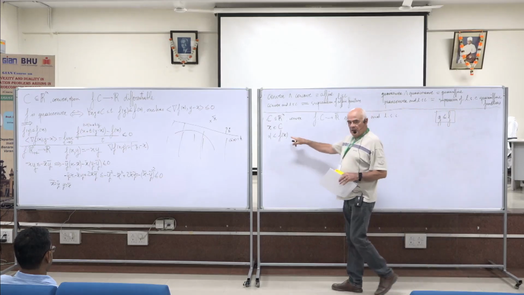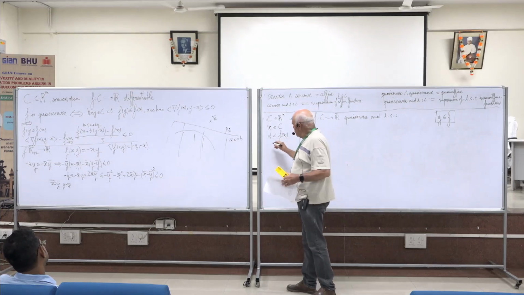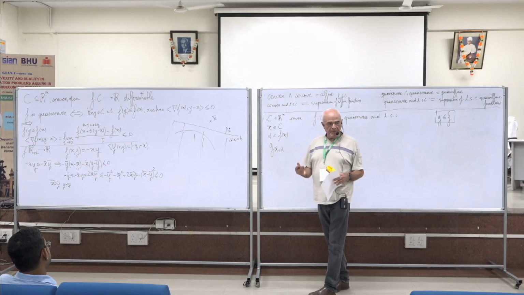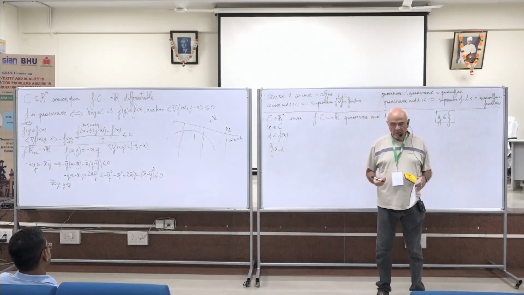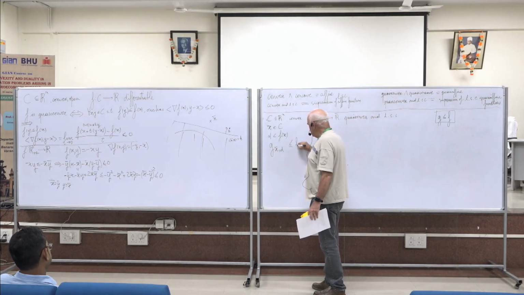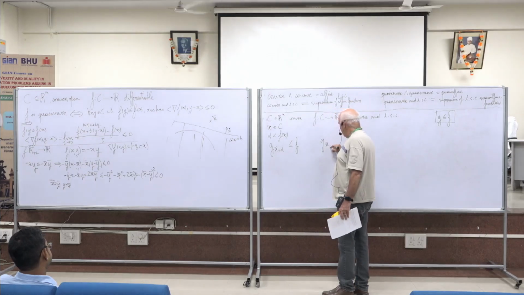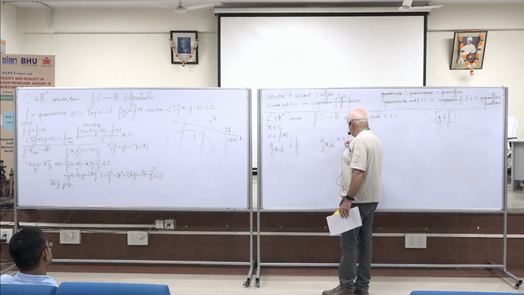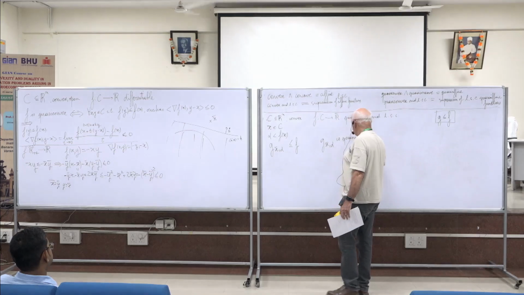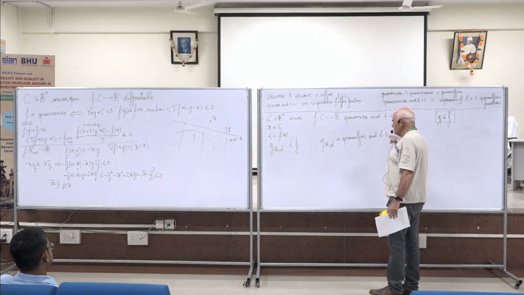So given x bar and alpha, I succeeded to construct a function. If you want, you can call it g of x bar alpha, because it depends on x bar and on alpha, which is a minorant of f and is quasi-affine and lower semi-continuous.